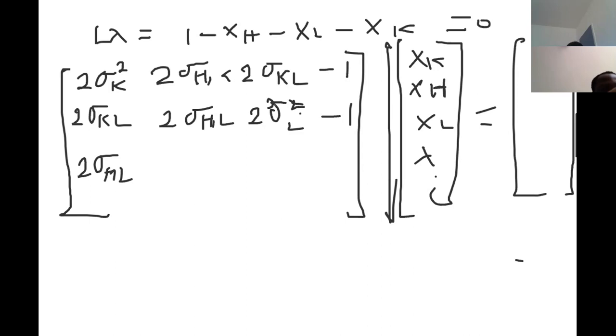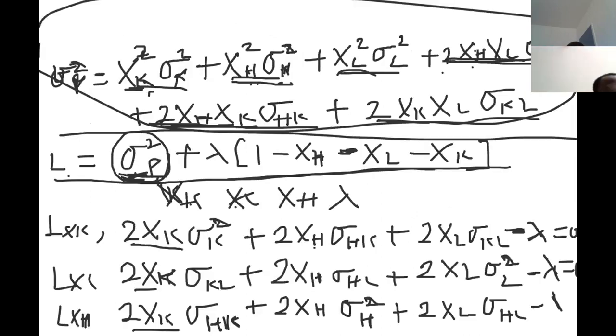Let me go back to the second equation. So let's look at the second equation. We differentiate with respect to XL. So first we're going to have 2XL variance of L. And then SK, SH.